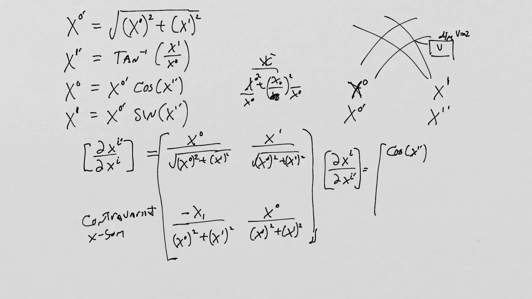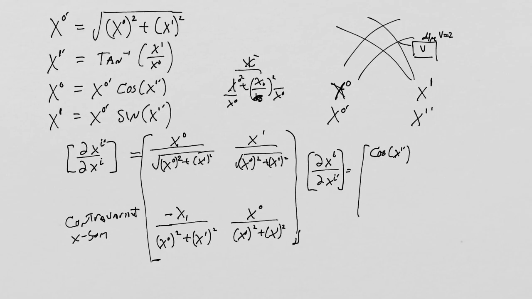Wait a minute, no. Hold on. This one here is the 0, 0: the 0th function with the 0 prime. Now I need the 0 function with the x1 prime, and that is going to be minus x0 prime sine x1 prime.